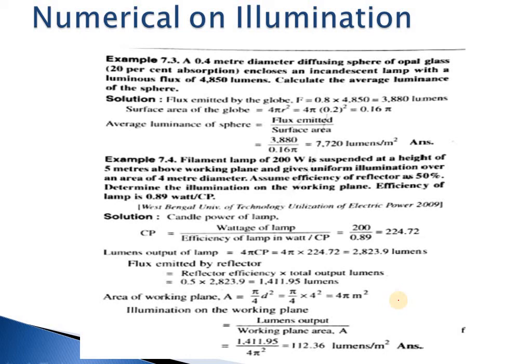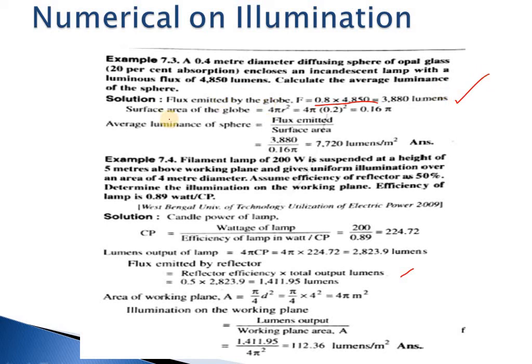Solution. The flux emitted by the globe will be F, that is 0.8 into 4850. So the total flux emitted by the globe is 3880 lumens.